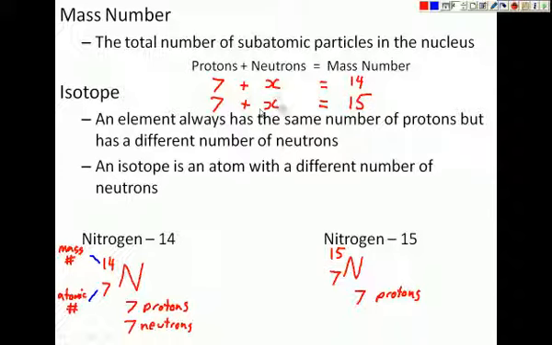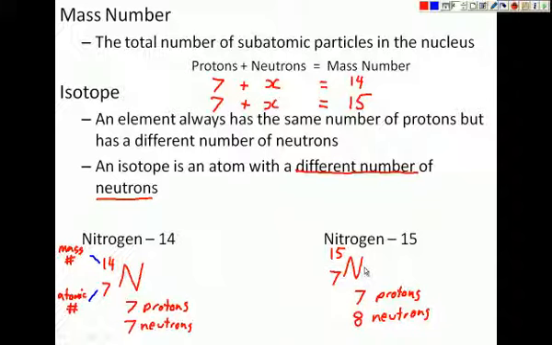So the number of neutrons is 8. Nitrogen 14 and nitrogen 15 are the same element. However, they're isotopes of each other because they have a different number of neutrons.